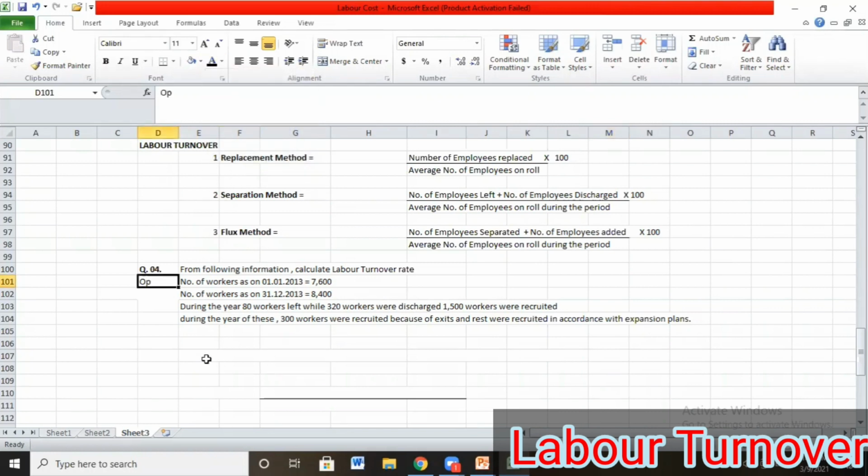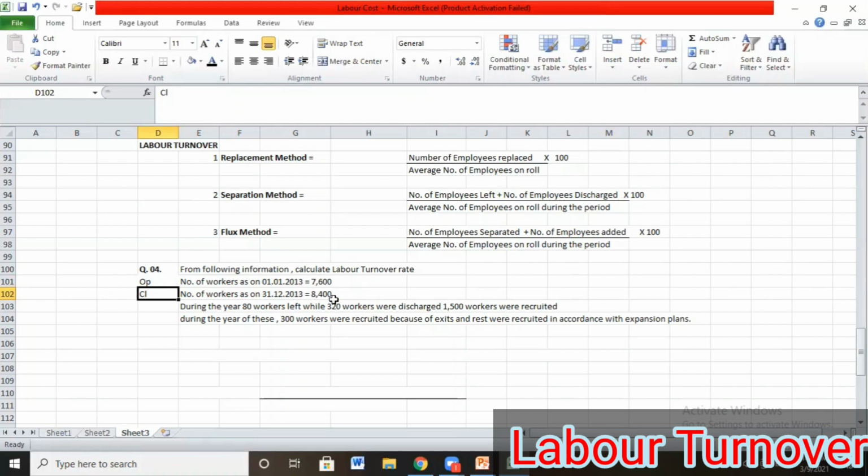So opening with 7,600 workers, and number of workers as on 31st December 2013, that means at the end of the year, that is closing, were 8,400.